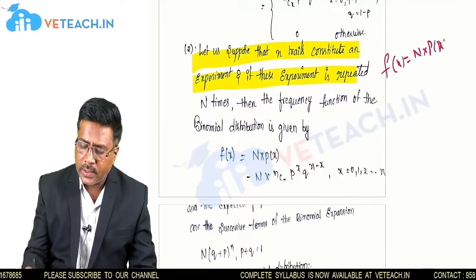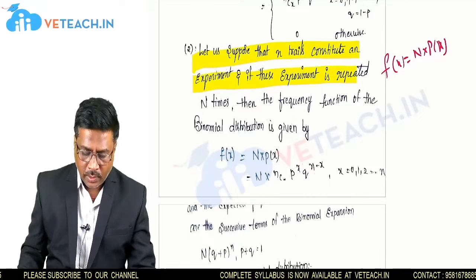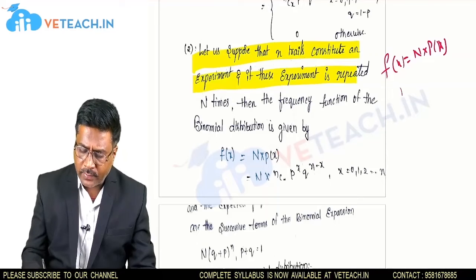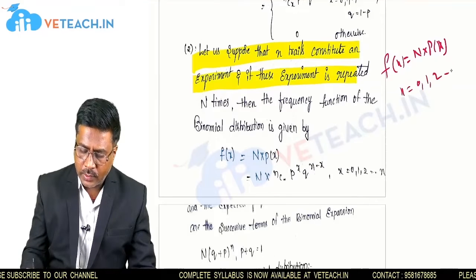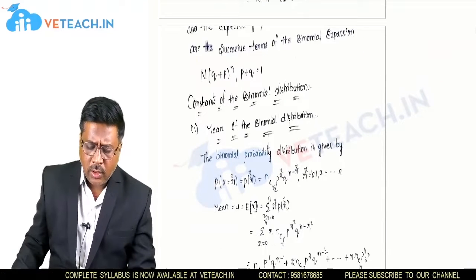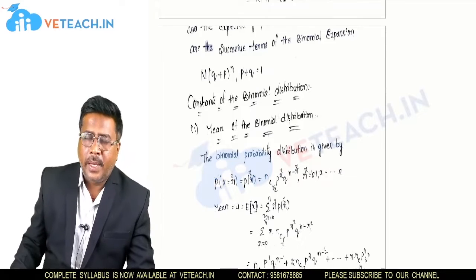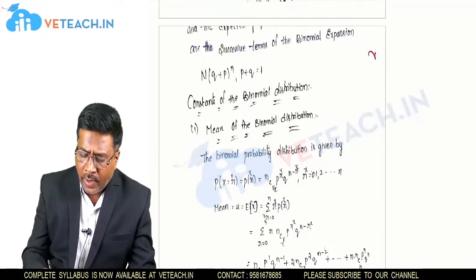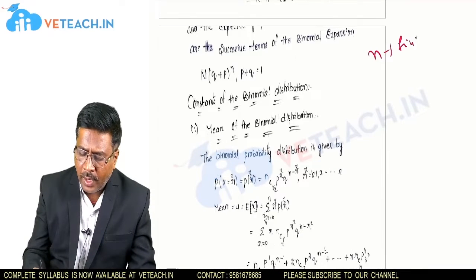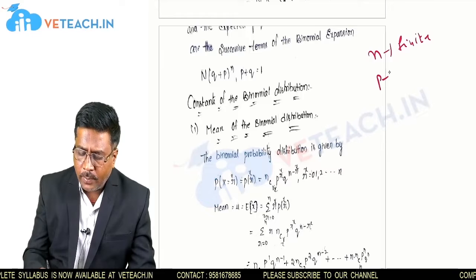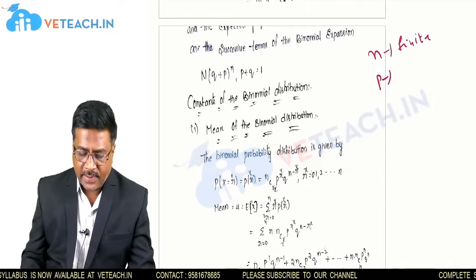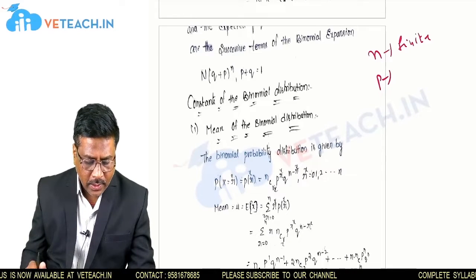This is what we call the expected distribution. The x values are 0, 1, 2, 3, and so on. Here the parameters are n comma p, where n is finite and p is the probability of success.